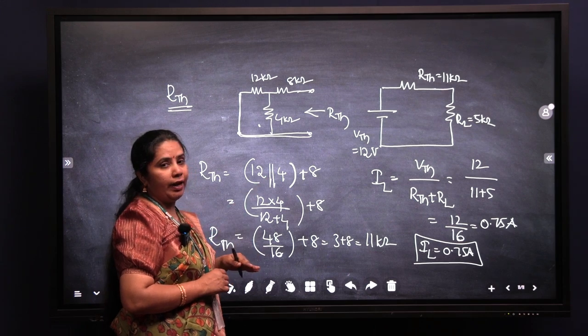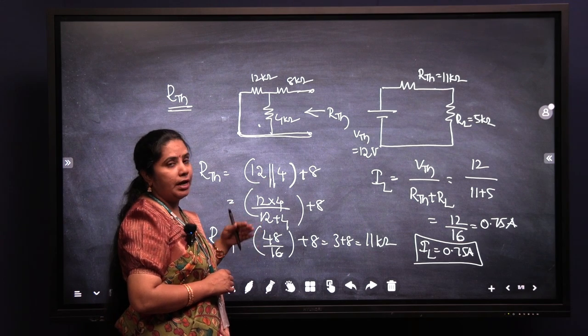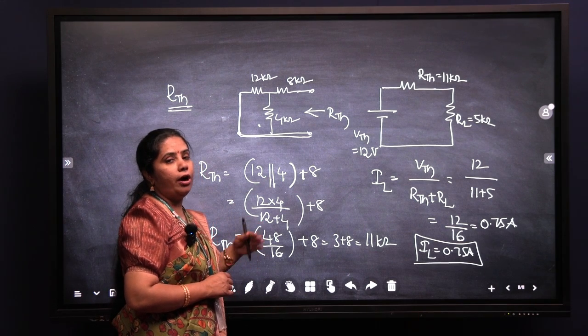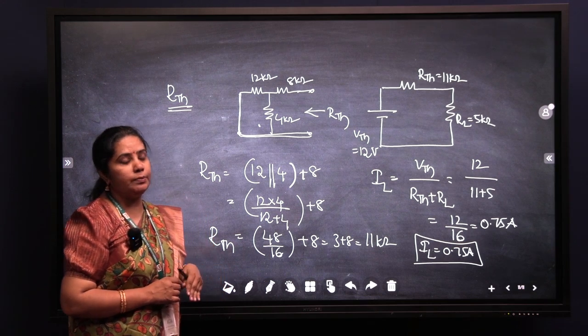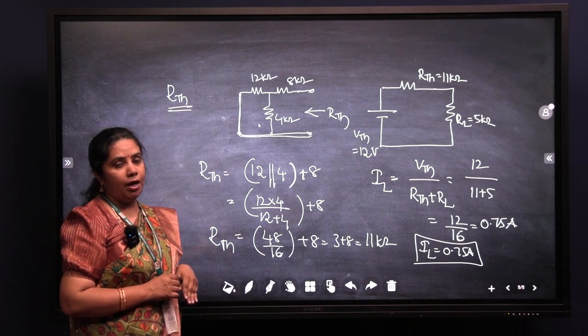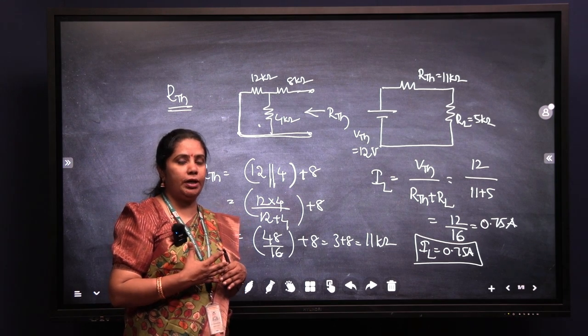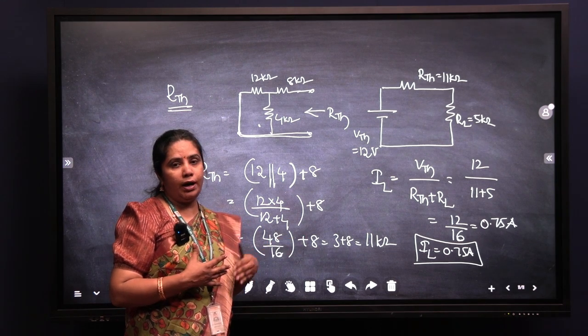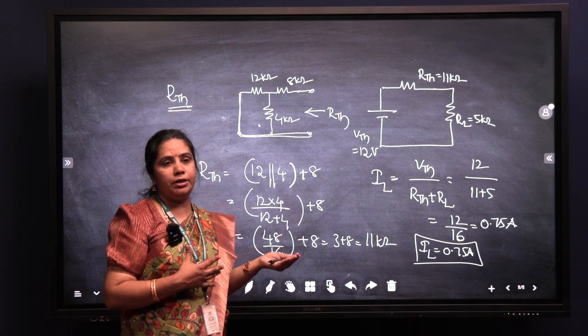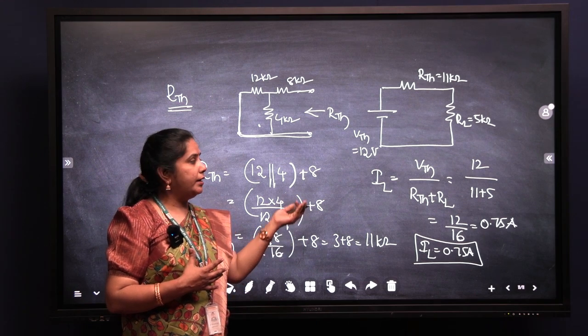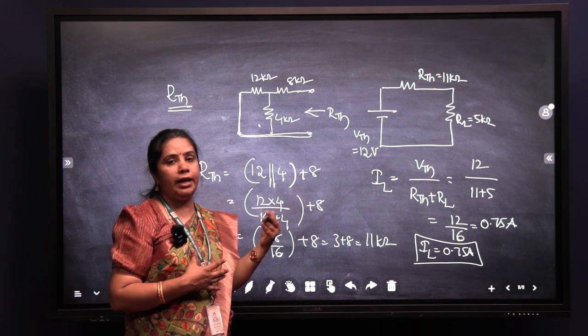So this is the way to calculate the current in the load resistance or voltage across the load resistance by using Thevenin's theorem. Different theorems are there for electric circuit analysis, and this is the one theorem we are using to calculate the current or voltage in any resistance.